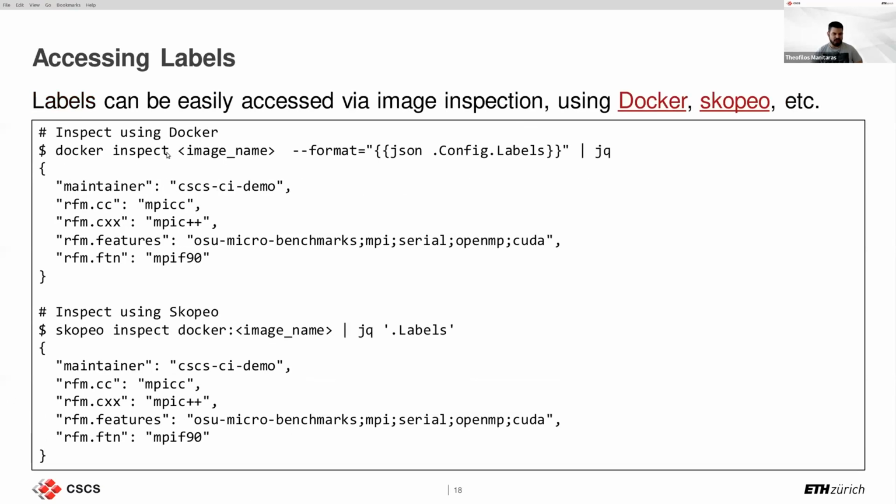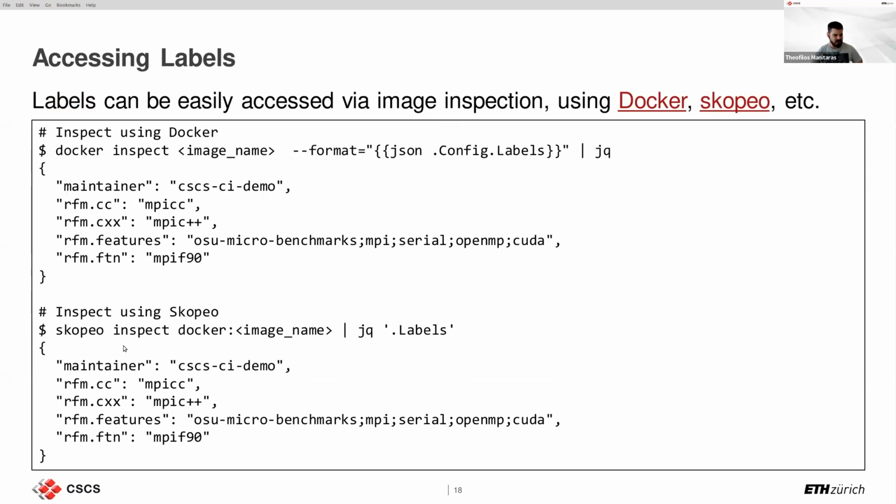And then you can access the labels with image inspection with tools like Docker or Skopeo. With Docker, you can inspect using the image name, and I pass here some format option to get a better looking result. So here you see directly that I have access to these labels.